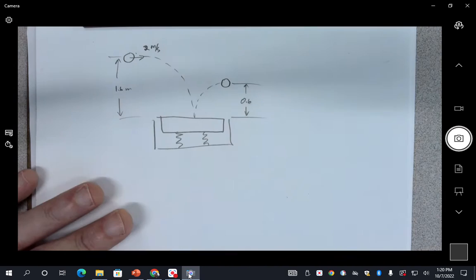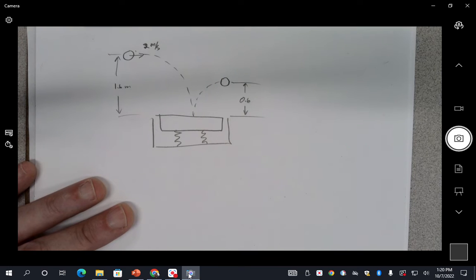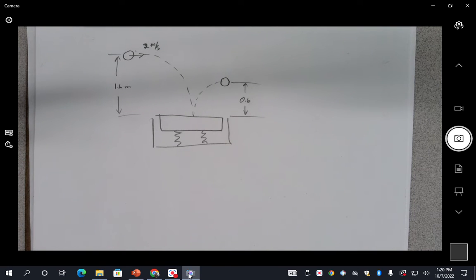All right, so in terms of the setup for this, you have to run through a little story. This thing is going to land, and just before it lands, it's going to have a velocity in both the x and the y direction.